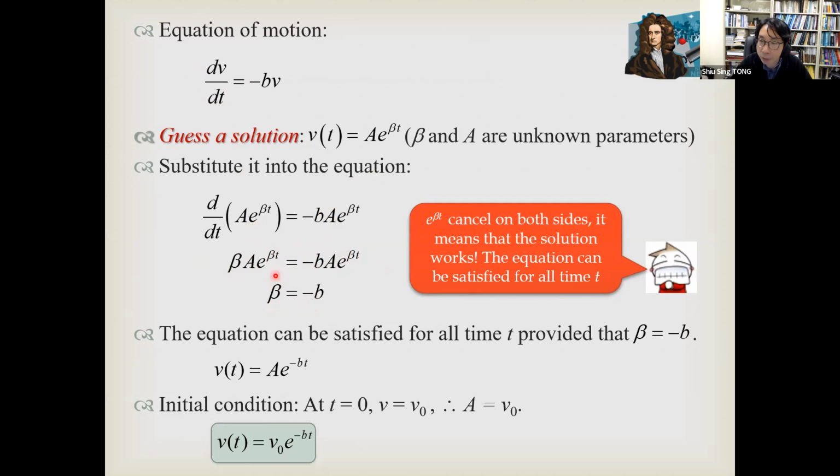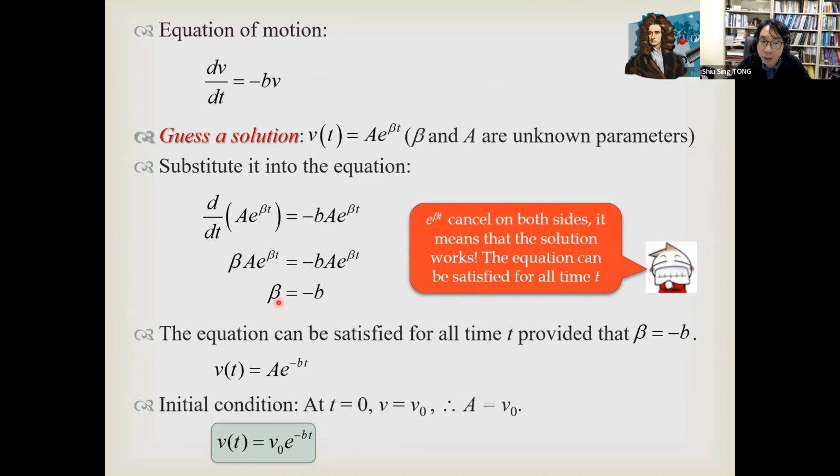Now, how do we interpret that? All the t factors cancel on both sides, which means that the equation could be satisfied for all time, because this equality does not depend on time. And that means the left-hand side and the right-hand side can be made equal for whatever time we like, okay? But there is a condition.